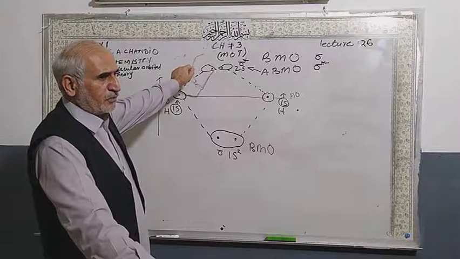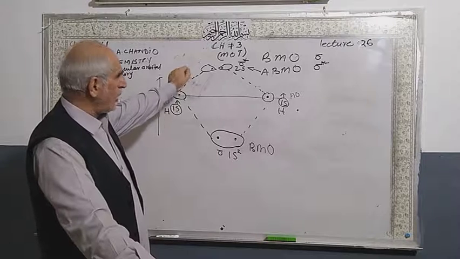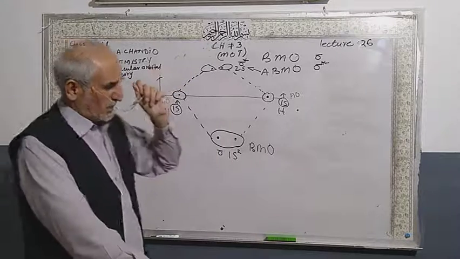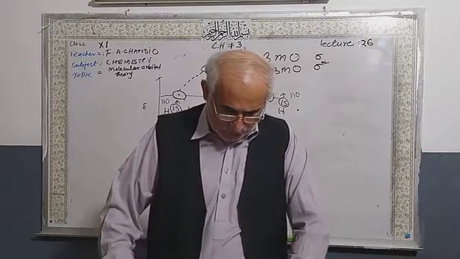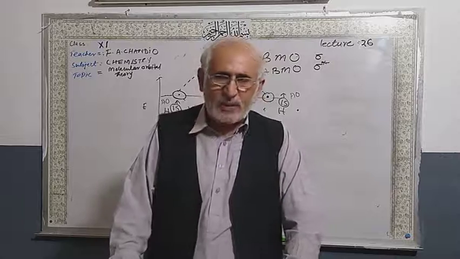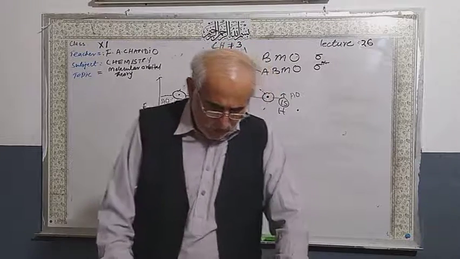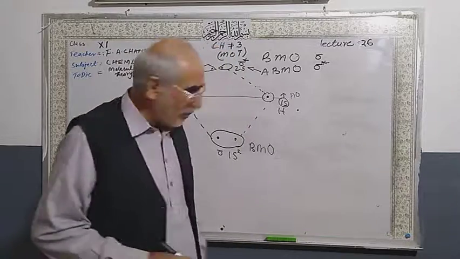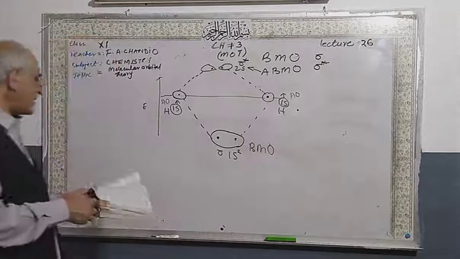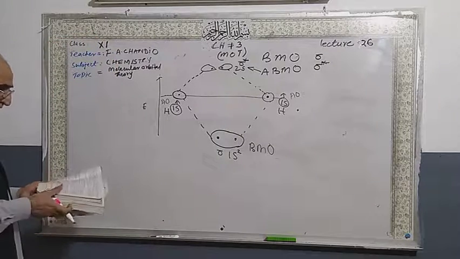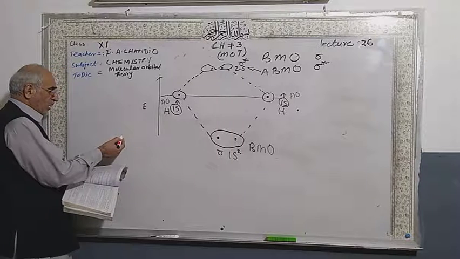Poor overlapping, not good mixing, means higher energy, sigma star anti-bonding. The larger the overlapping, the stronger the resulting bond. According to this, you have to remember this energy increasing order and fill accordingly.